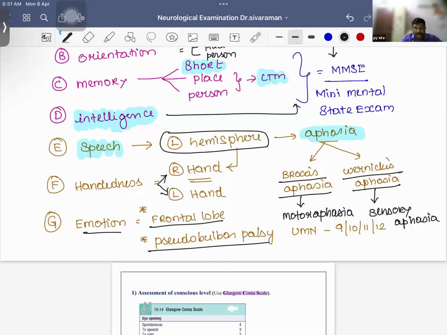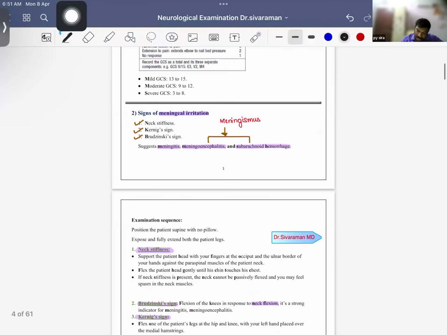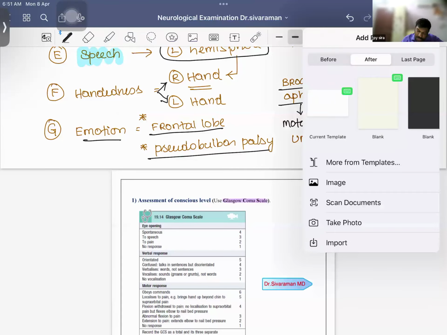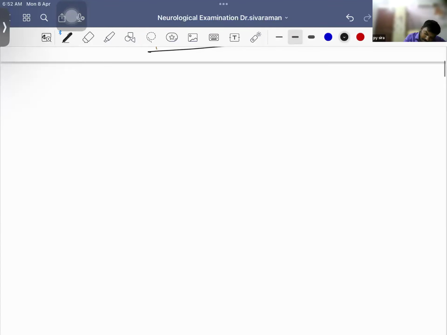If your examiner asks you about this, then you tell about the mini mental state examination. So what is this MMSE? MMSE is mini mental state examination.